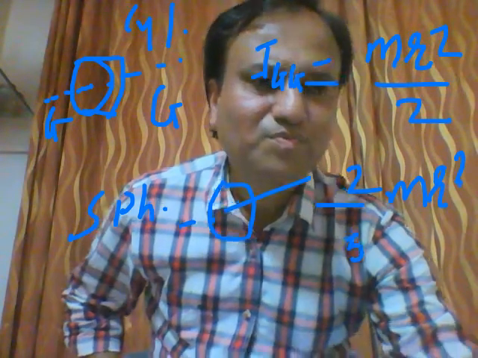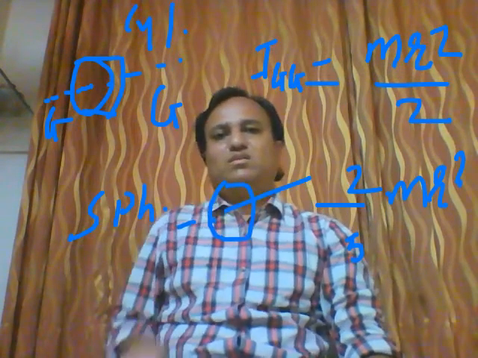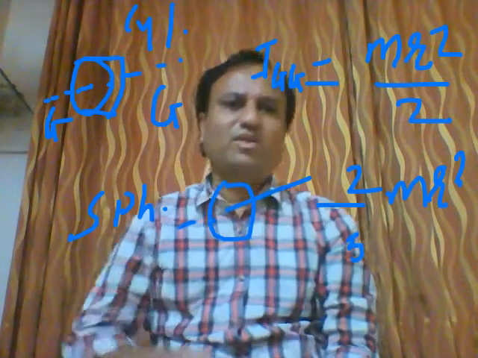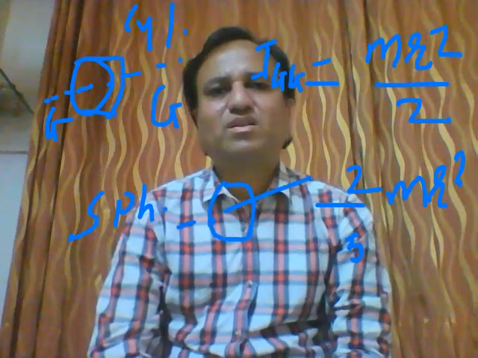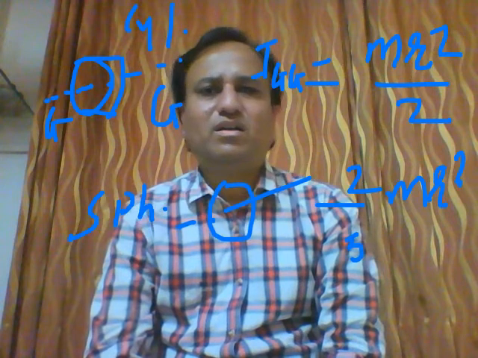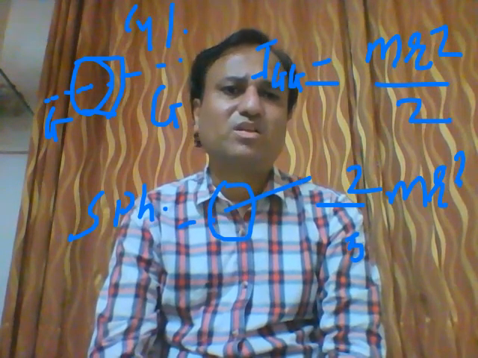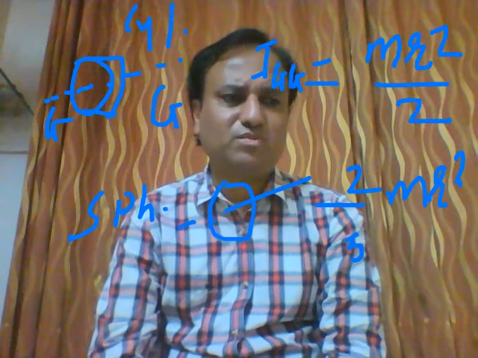Here m is the mass of the cylinder or sphere, and r is the radius of the cylinder or sphere, so 2 by 5 mr square.